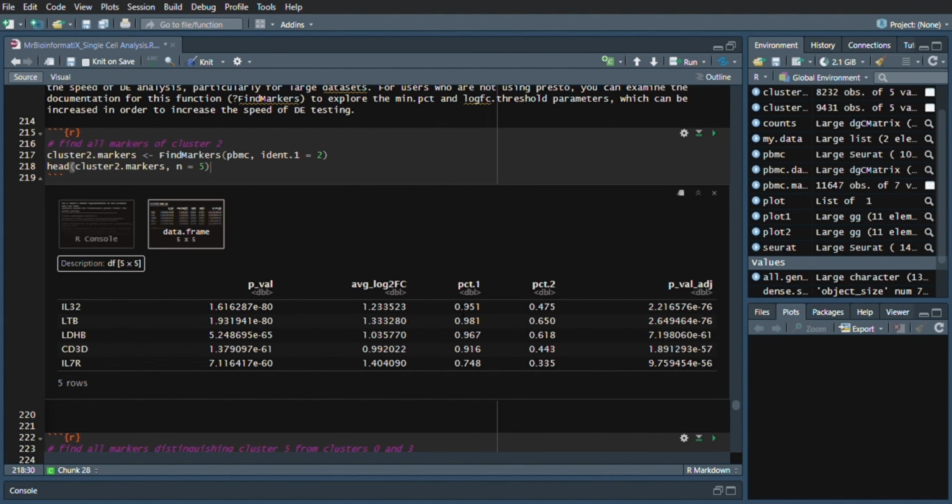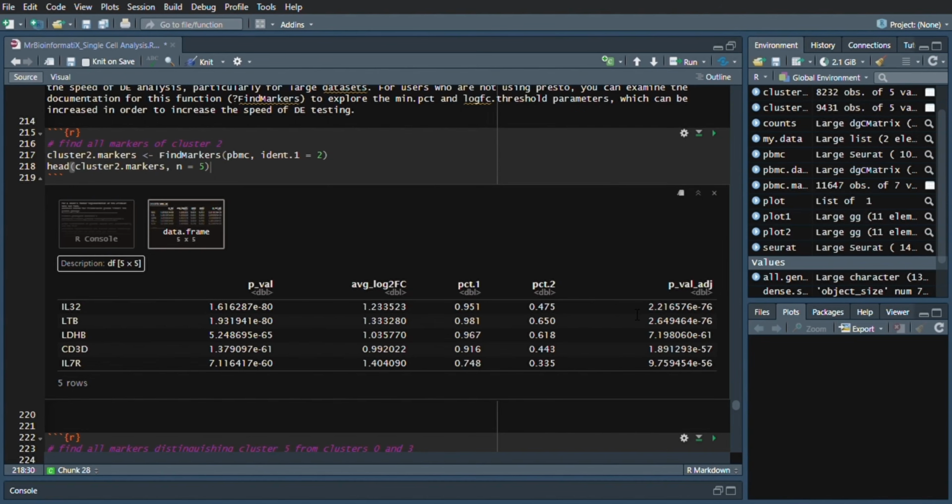For the first gene, IL32, pct.1 is about 0.95, meaning 95.1% of cells in the cluster express IL32. And then pct.2, the percentage of cells outside the cluster that express the gene. For the first gene, it's 0.47, meaning 47.5% of cells outside the cluster express this gene, IL32, and so on.